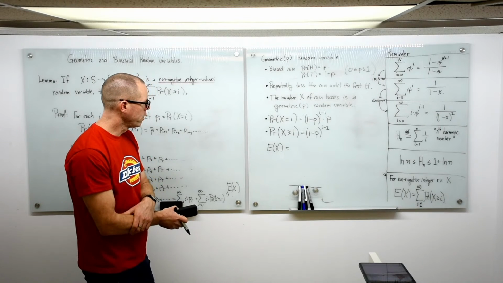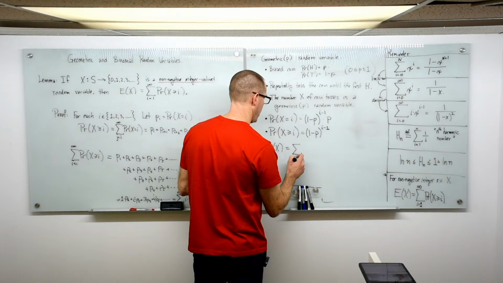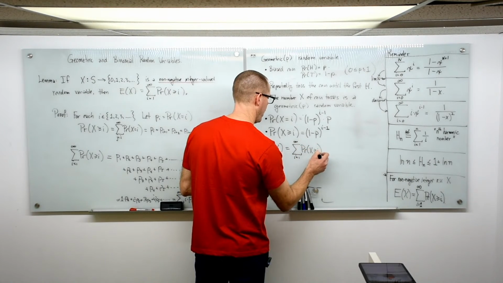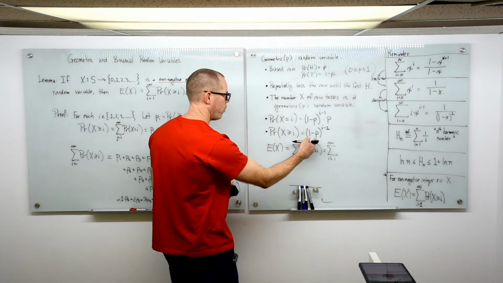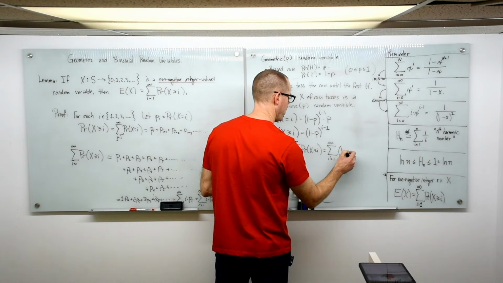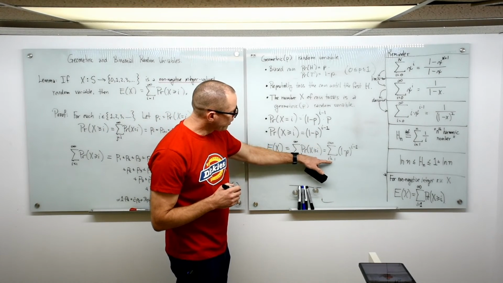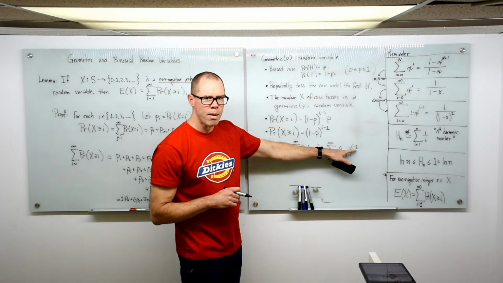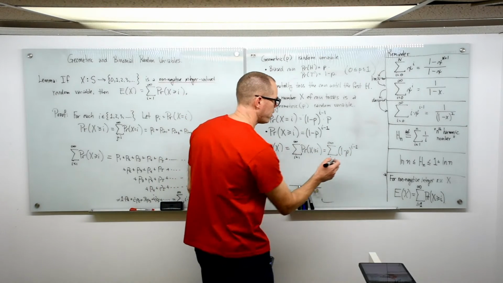So that's all good. Therefore, the expected value of x is equal to the sum, i equals 1 to infinity, of the probability that x is bigger than or equal to i. That's equal to the sum, i equals 1 to infinity, of 1 minus p to the i-1. That's a little bit ugly, so we start counting with i equals 1 here. But whenever i shows up in this formula, it's actually i-1. So why don't we start counting from 0, and then we won't have to subtract this 1.